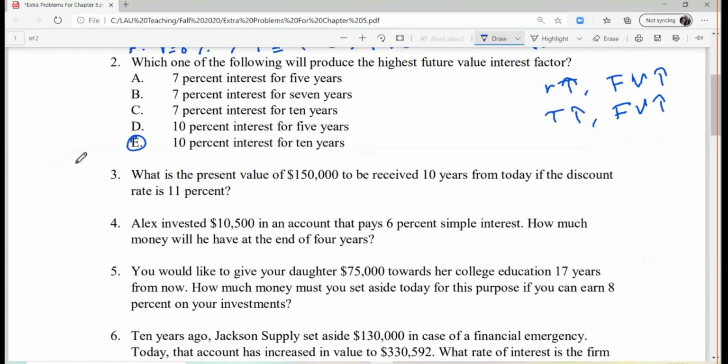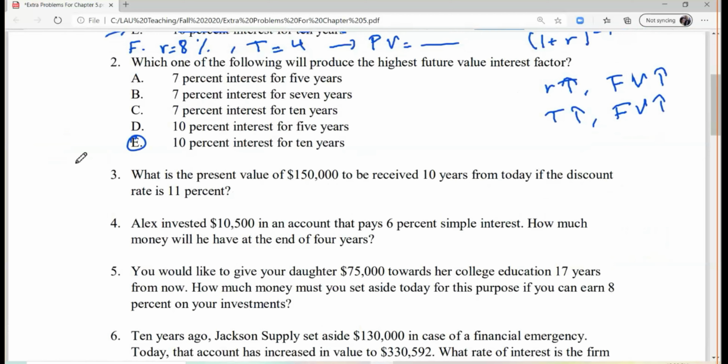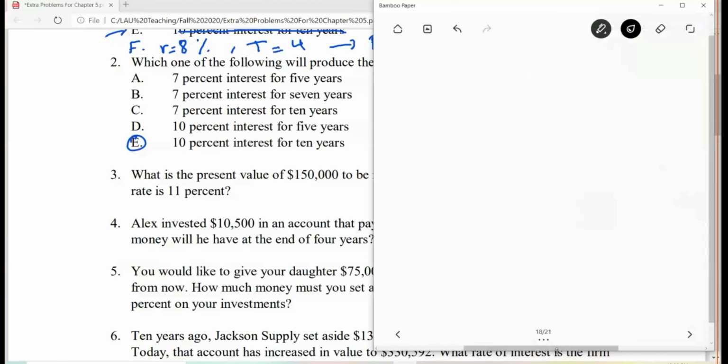Now for number 3. What's the present value of $150,000 to be received 10 years from today if the discount rate is 11%? Now, for all of the problems, even if they are straightforward, I will try to draw the timeline. In this case, I have the following.